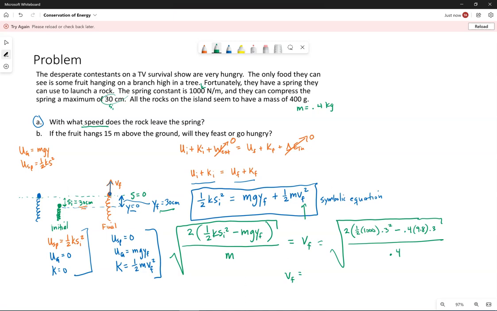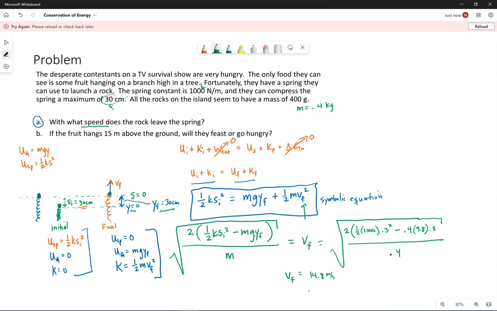Plugging these numbers in, I'm getting 14.8 meters per second.